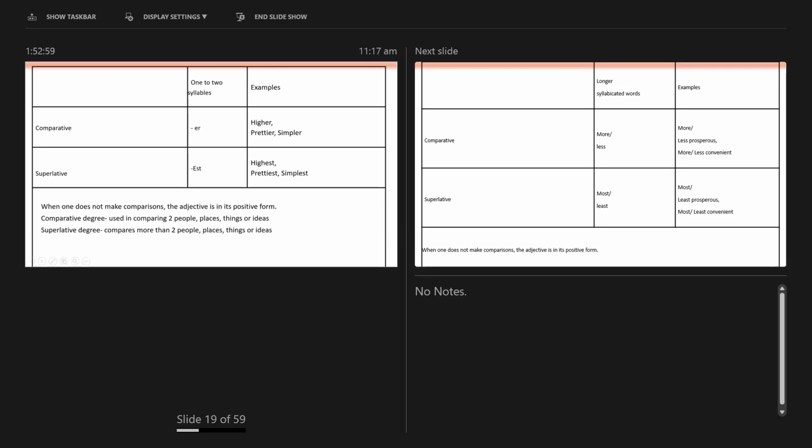Guys, marami akong naririnig. Ginamitan nyo na ng comparative form, ginamitan nyo pa ng more. Ginamitan nyo na ng superlative form, ginamitan nyo pa ng most. He is the most smartest boy in class. Ano mali doon?